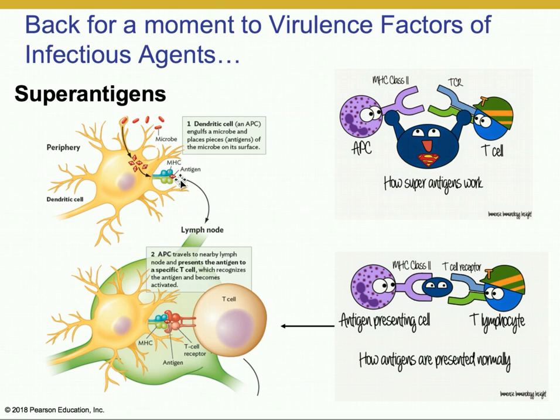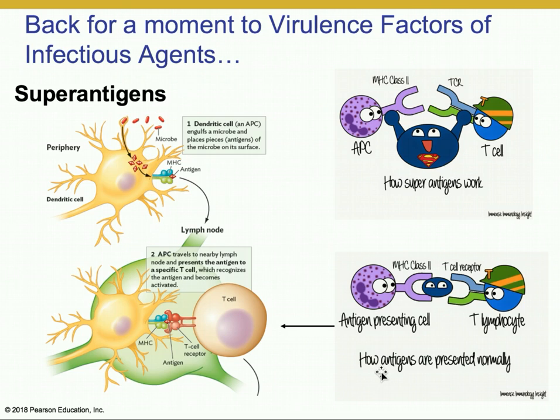So the antigen in this case, which is the part or subunit of the microbe, which the phagocyte is using to alert the rest of the immune system to the presence of the infection, is on this MHC molecule. It migrates to the lymph node, and at that point a T cell, which has a complementary T cell receptor, forms a synapse. So it requires that the antigen be complementary to the T cell receptor as well as being presented on the MHC molecule.